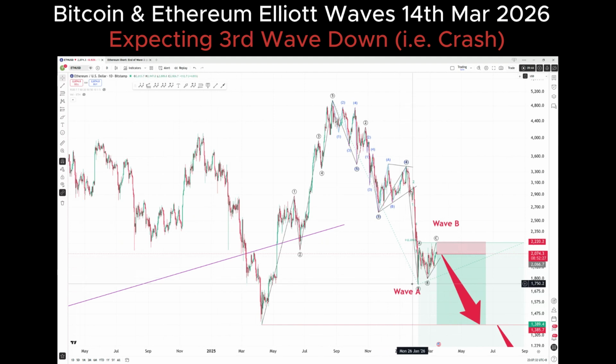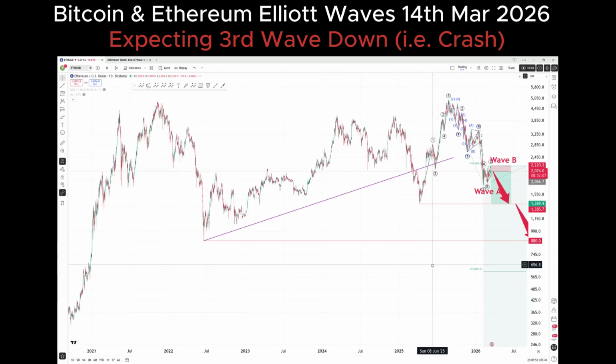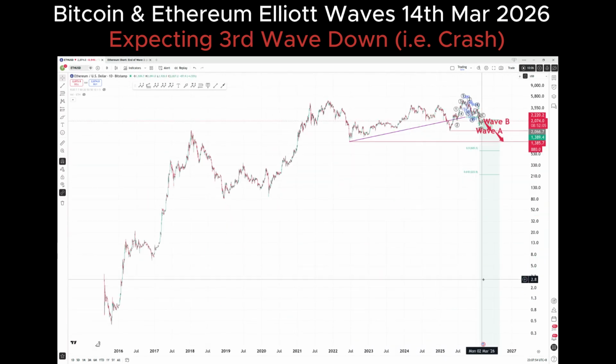Now, similar to Bitcoin, I use the next nearest support over here, and then I have the target of 1,385. And also using the same technique, this entire wave against the top of wave B, what happens over here is that you don't actually see Ethereum 1:1.